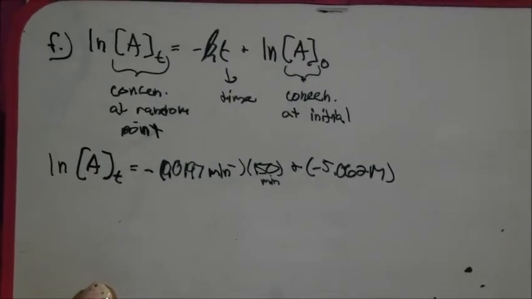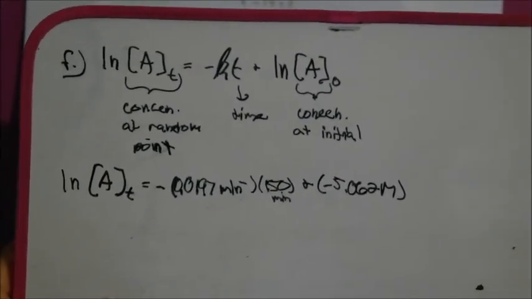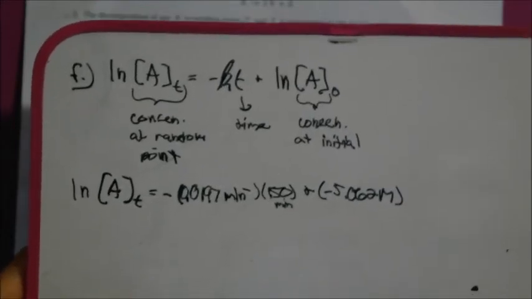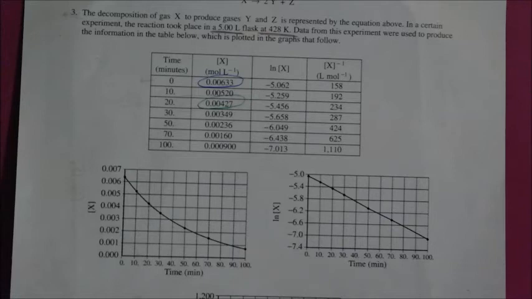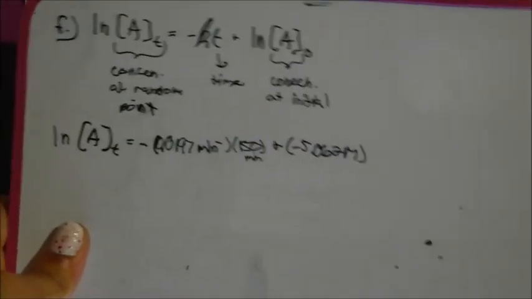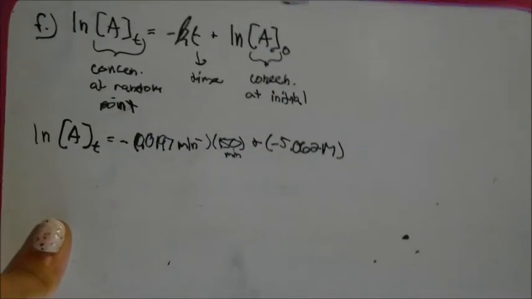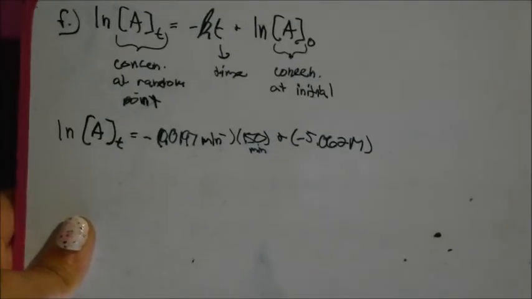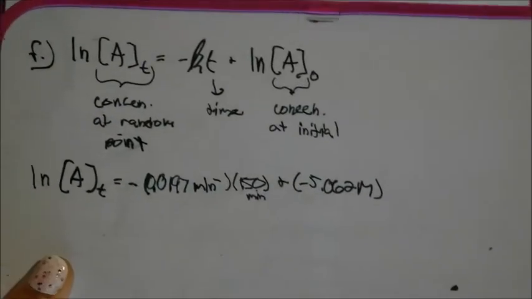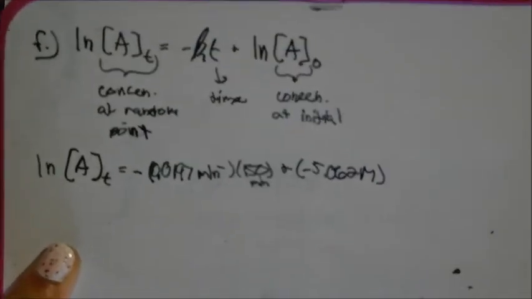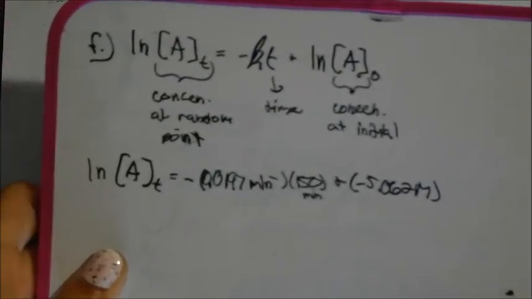And the initial concentration is the same right there as seen in the data. And when you natural log it, it's still negative 5.062 molarity. So it's pretty important to have units, so don't forget that.